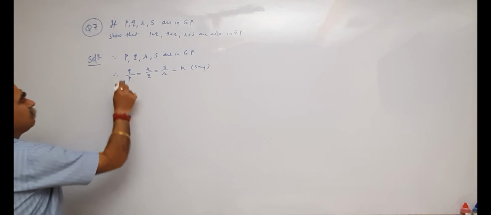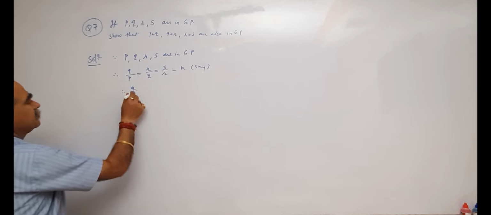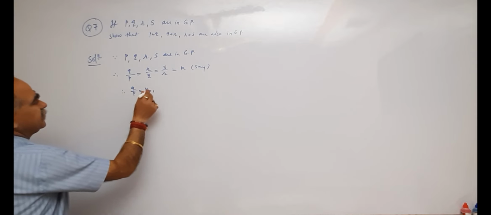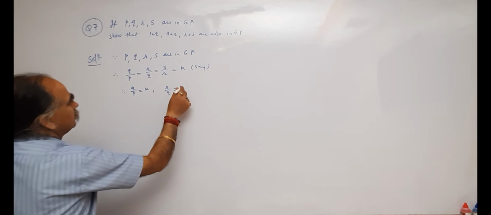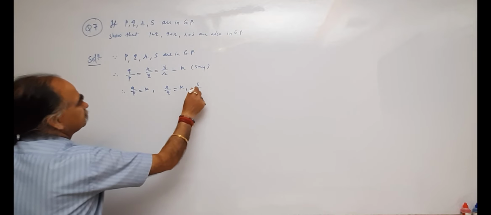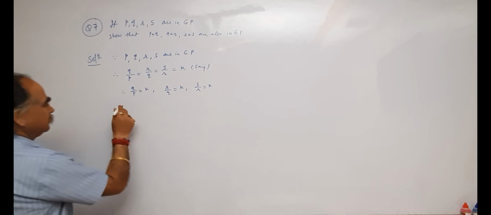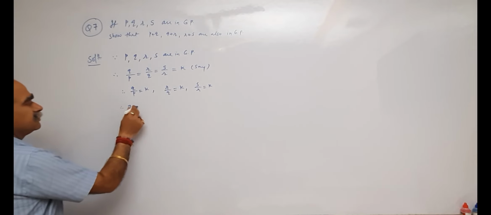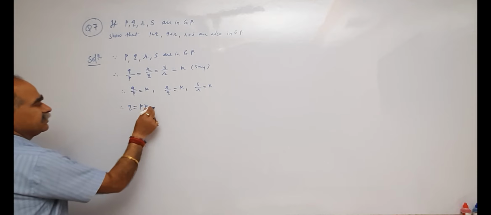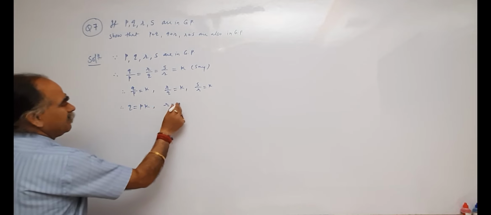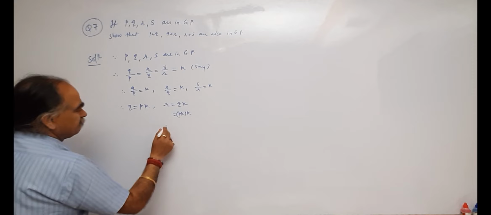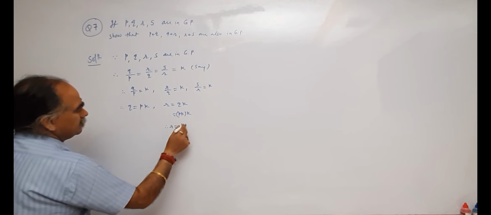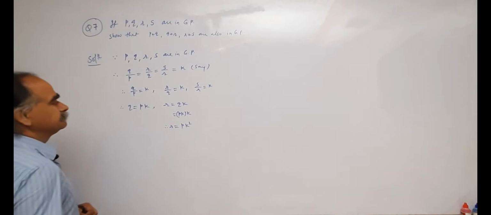So Q upon P is K, R upon Q is K, S upon R is K. So Q is PK, R is QK, and Q is PK into K, so R will be PK square.